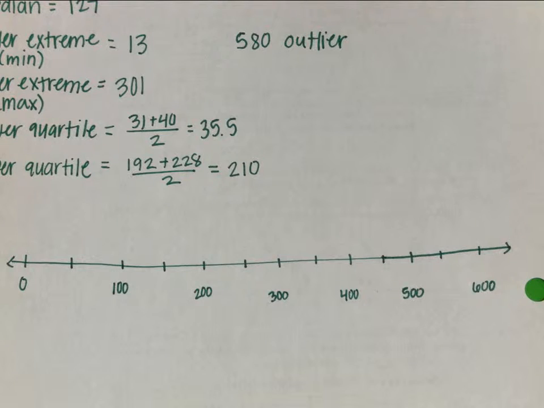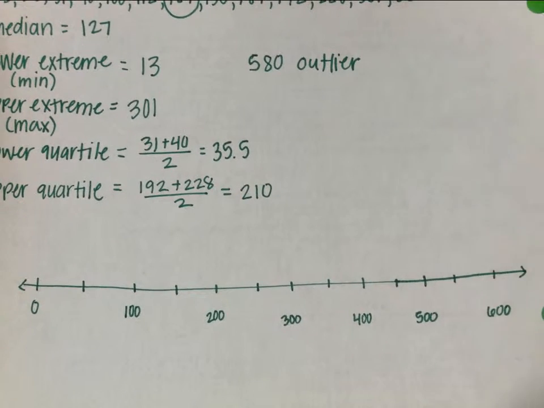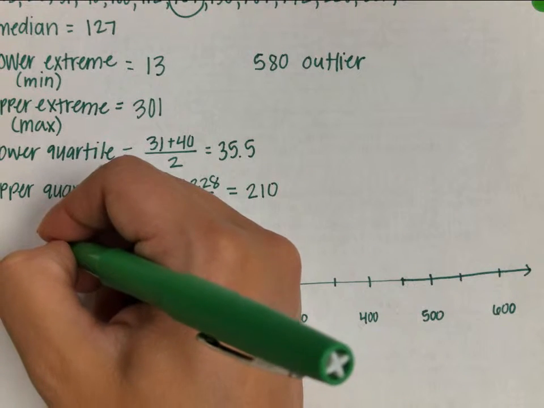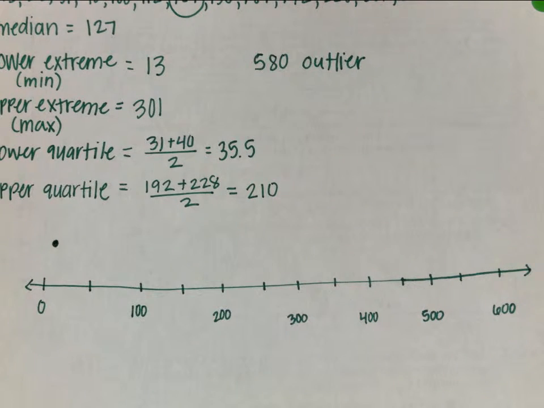All right. So can I start plotting everything? Yeah. I'm just going to go ahead and plot my lower extreme and upper extreme first. So my largest and my, well, next to smallest, right? So my lower extreme is 13. So of course I'm just going to have to estimate, but it's going to be pretty close to my 0.